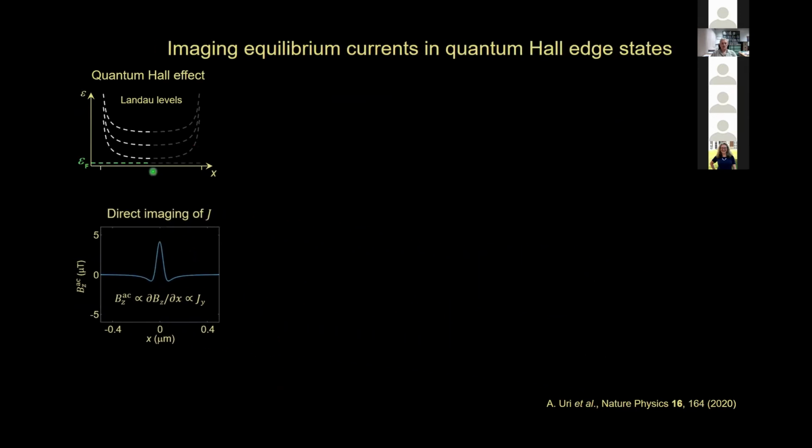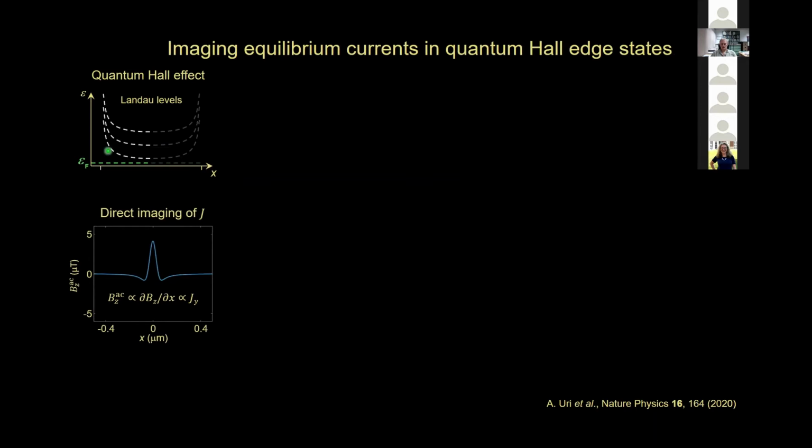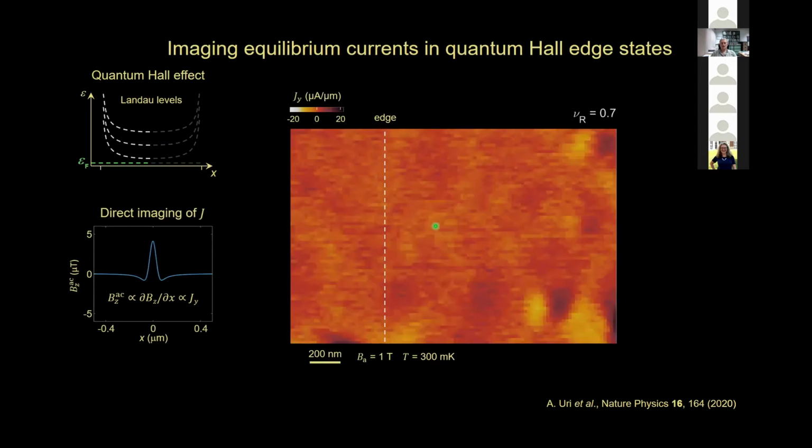So now we will use this in order to study the currents flowing in the quantum Hall state in monolayer graphene. So this is our edge. We make this edge artificially by having a split gate. Here we have a back gate, and we tune the carrier concentration near charge neutrality.